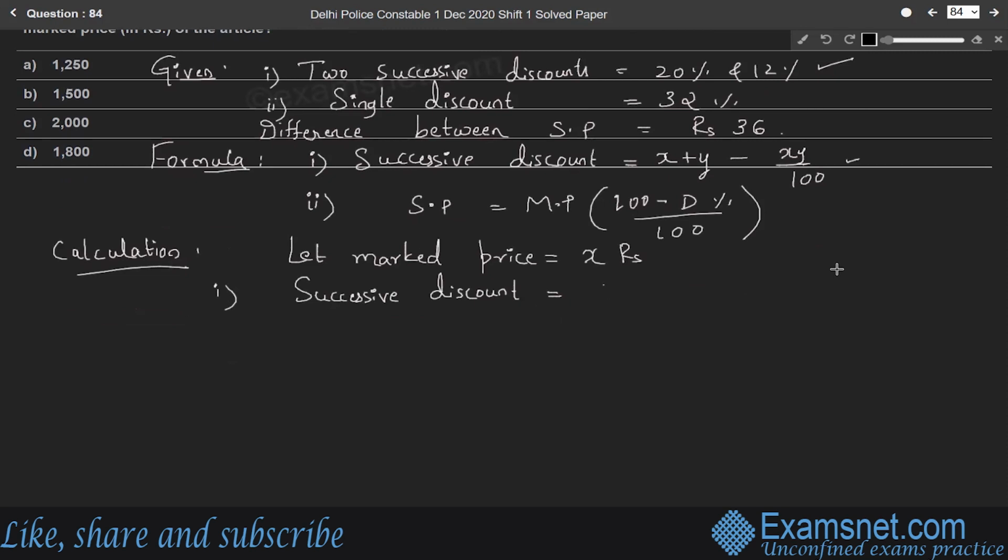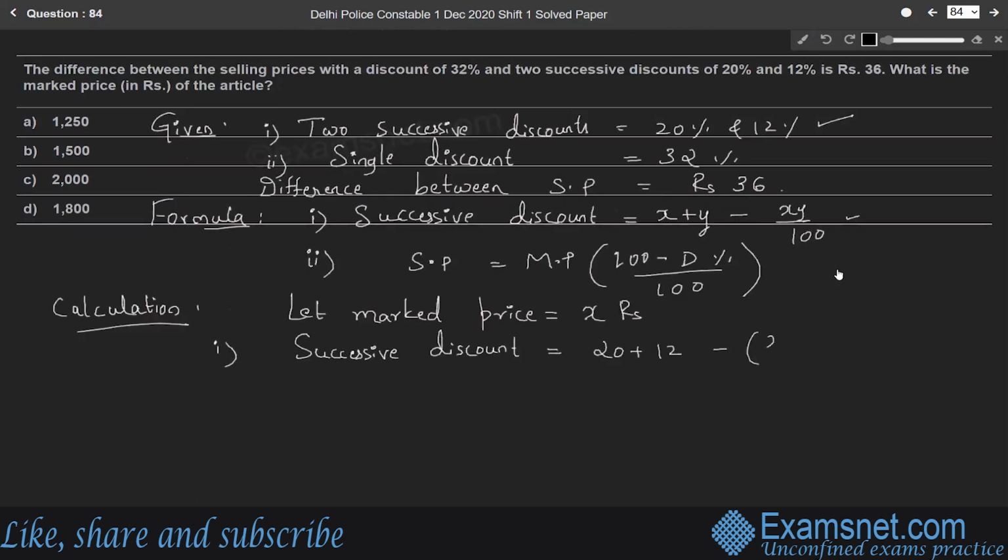Here x is 20, y is 12. So 32 minus 20 into 12 by 100. 20 into 12 is 240, by 100 is 2.4, so it is 29.6. So the successive discount is 29.6.